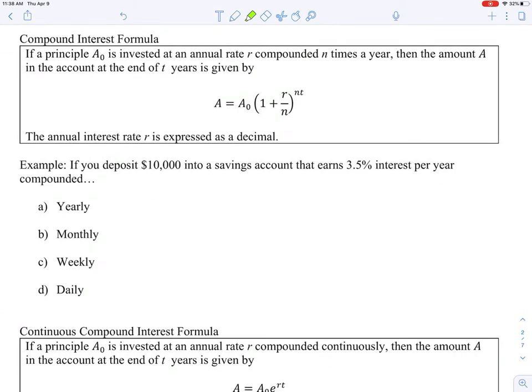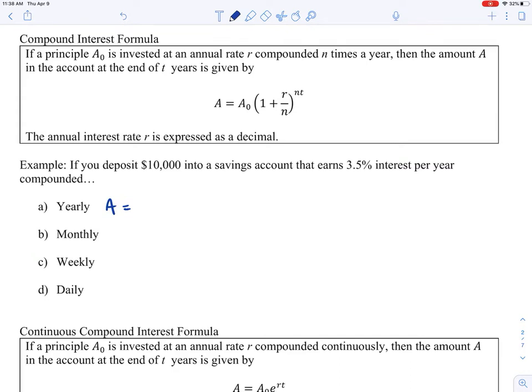So if you deposit $10,000 into a savings account that earns 3.5% interest per year compounded, let's come up with the model for these different amounts that the interest is compounded. For yearly, since we're given an annual interest rate, 3.5% interest per year, that means the interest will just be applied once per year.